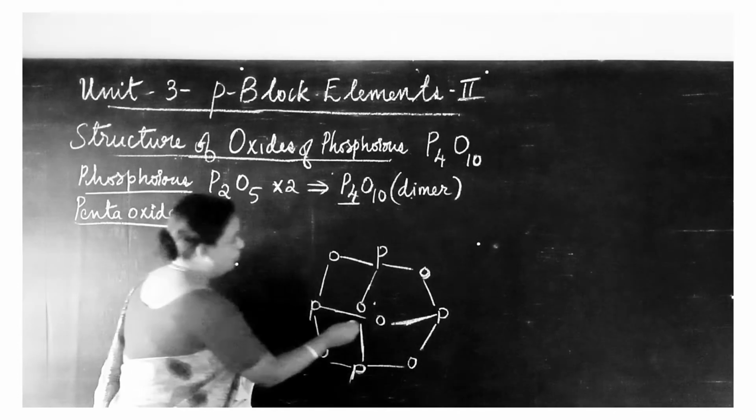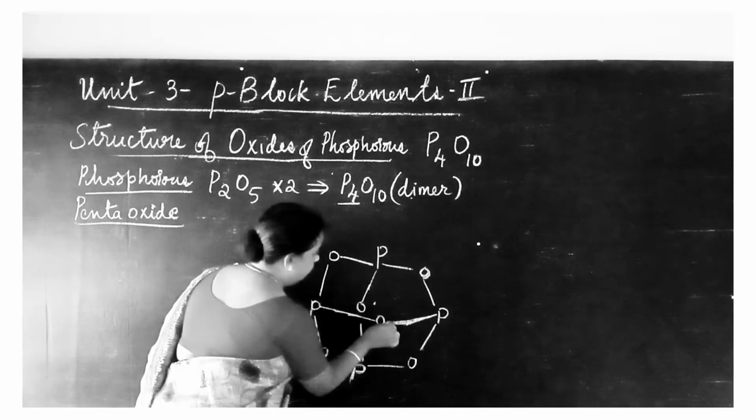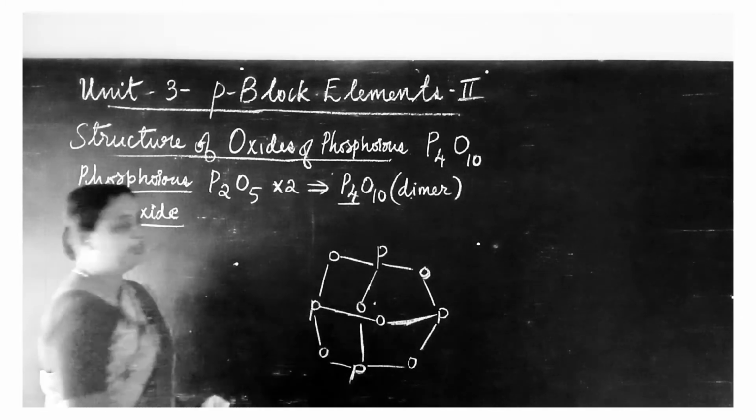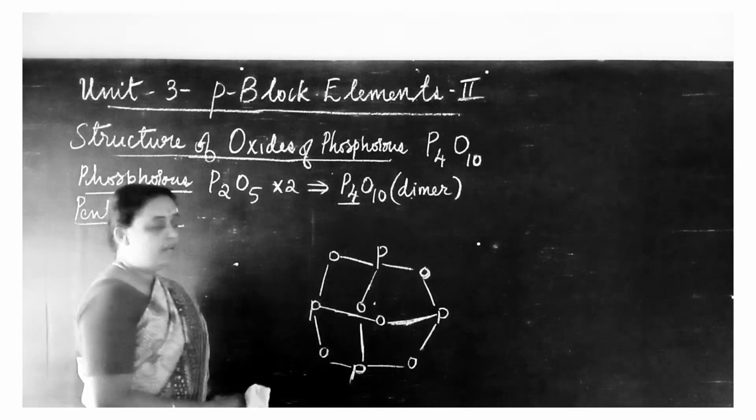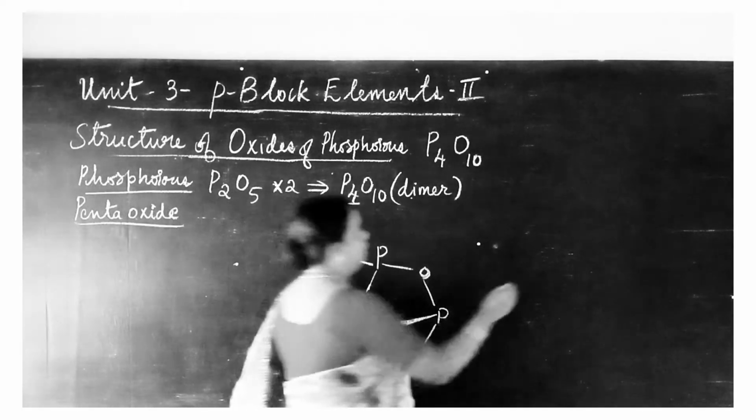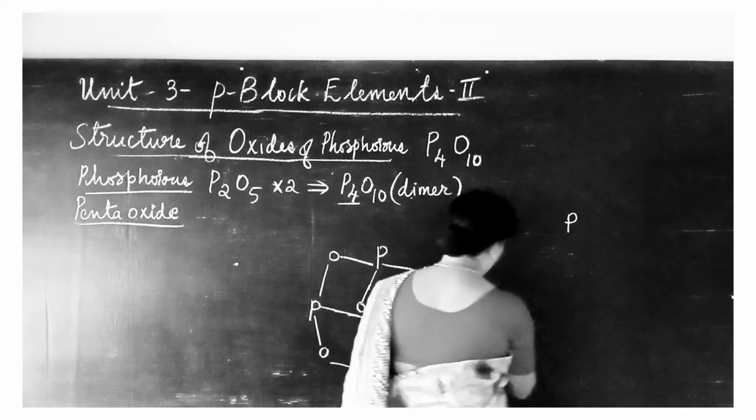So now it is a structure similar to that of phosphorus trioxide. Okay. Yes. So otherwise you can also draw it like this. This also will not go wrong.